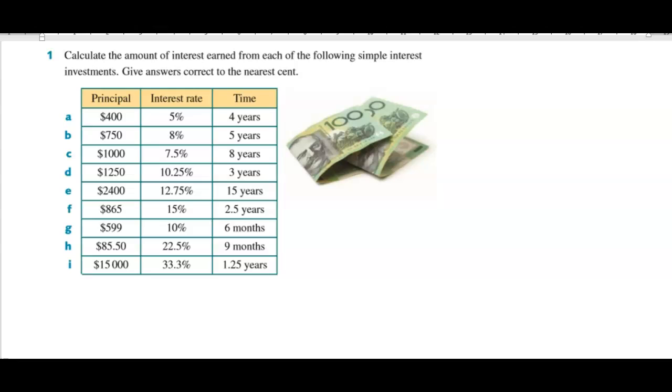Okay, so question 1. Calculate the amount of interest earned from each of the following simple interest investments. Give answers to the nearest cent. So remember your formula: total interest equals principal times interest rate times time over 100.